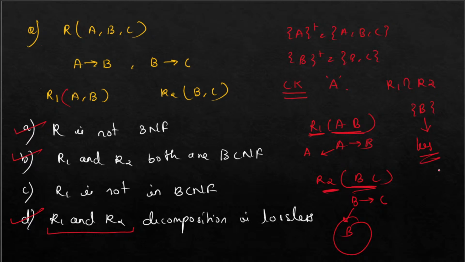So this is a lossless decomposition, and that is why D is also a correct answer. Everyone, the answer is A, B and D, and definitely this is an MSQ question where multiple answers are correct.